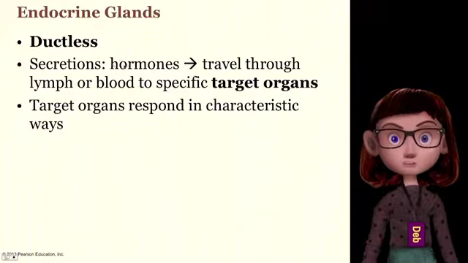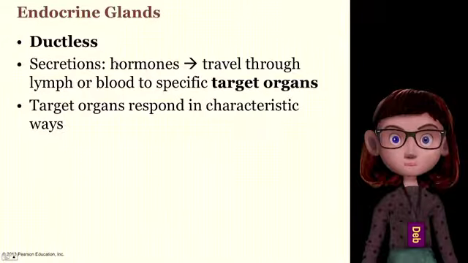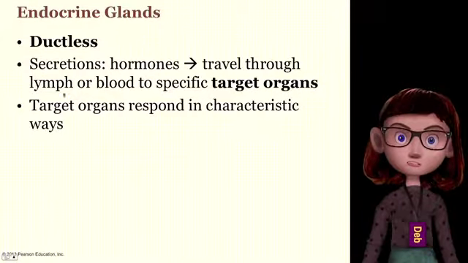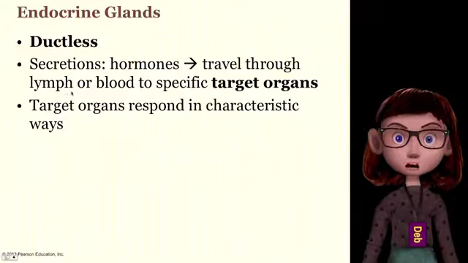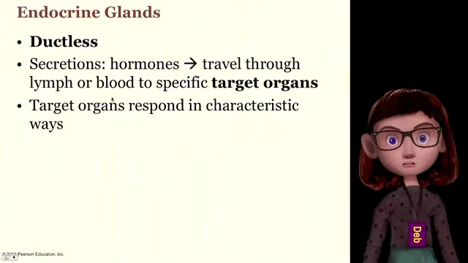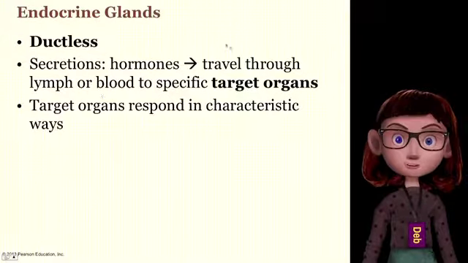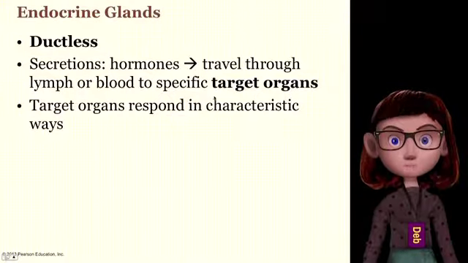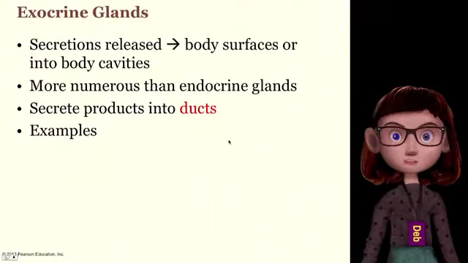All endocrine glands when it secretes a product, it's called a hormone, because by definition, an endocrine gland produces hormones, and it travels through the bloodstream or through the lymphatic system to a specific target organ. So when it gets into the bloodstream, it's going to go all over the body, but there are target organs that will respond to that hormone. Target organs respond in characteristic ways.